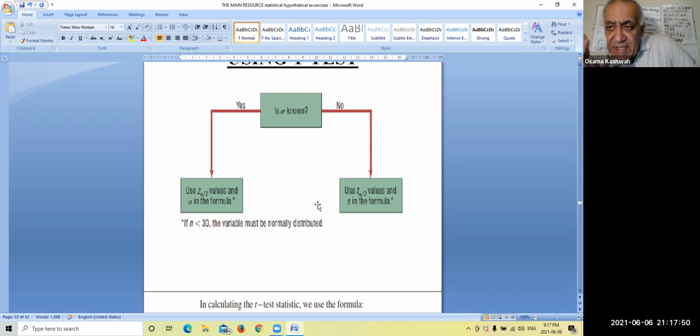If you have the standard deviation of the population and the sample is more than 30, then you will use the z-test and go to the tables of Z. If the sample is less than 30 and you don't have the standard deviation of the population, then you will use the t-test, and find the value in the tables of T, not the tables of Z.